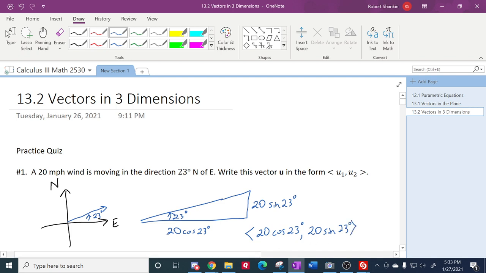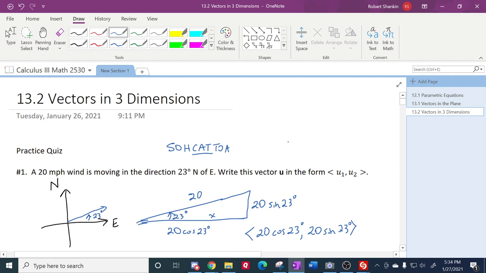If you're not comfortable with the cosine extracting the horizontal, you could have done SOHCAHTOA. The cosine is the adjacent over the hypotenuse. So this we know is 20. And then this, we don't know what it is, we'll call it x.